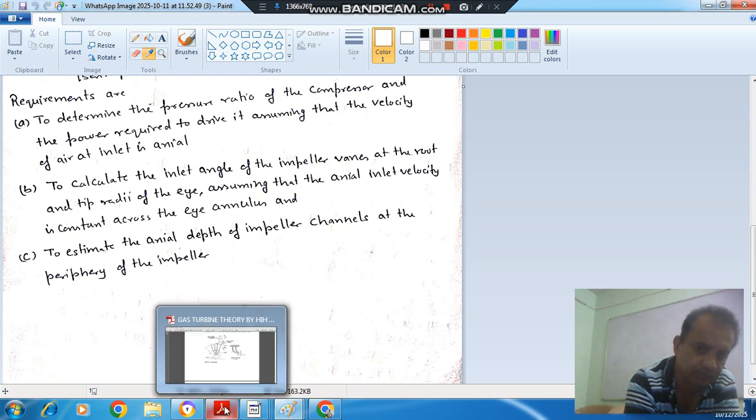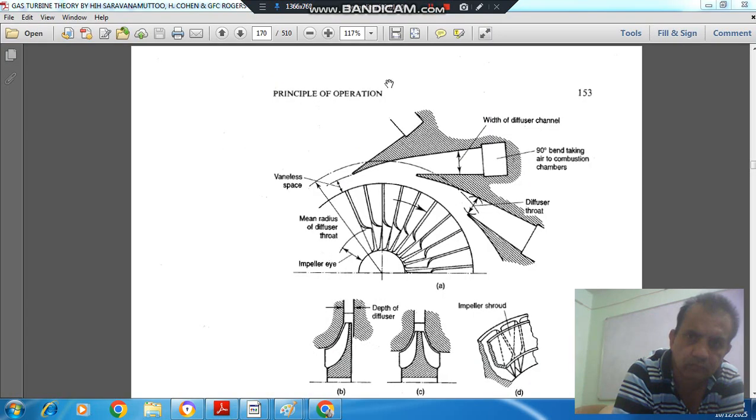So we have to understand what the axial depth is. This is your centrifugal compressor and this is your impeller, and this is the exit of the impeller, and in the direction perpendicular to the page, the axial depth of the impeller is defined.